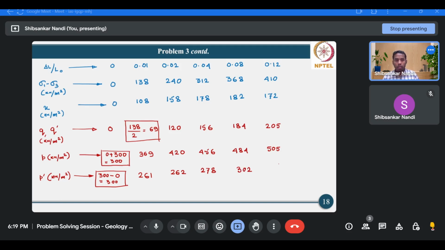And 505 minus 172, that is 333. And finally, the pore pressure parameter A. This is u divided by (sigma 1 minus sigma 3). So 108 divided by 138, which is 0.78.